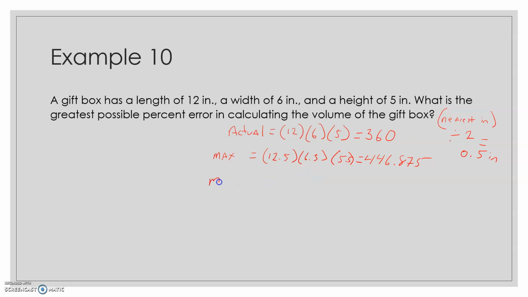For our minimum, we're going to do the same thing. We're just going to subtract half an inch from these original amounts, and so we could have 11.5, 5.5, and 4.5 when we subtract half an inch from each.